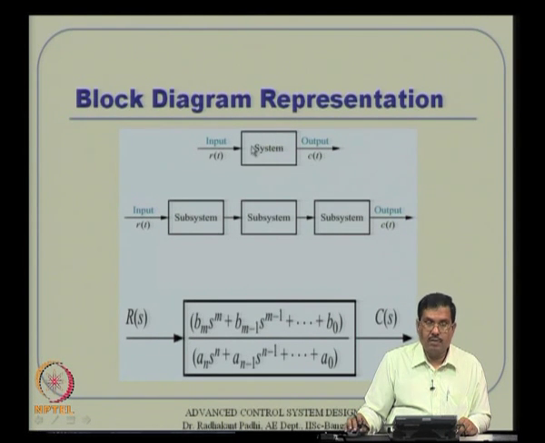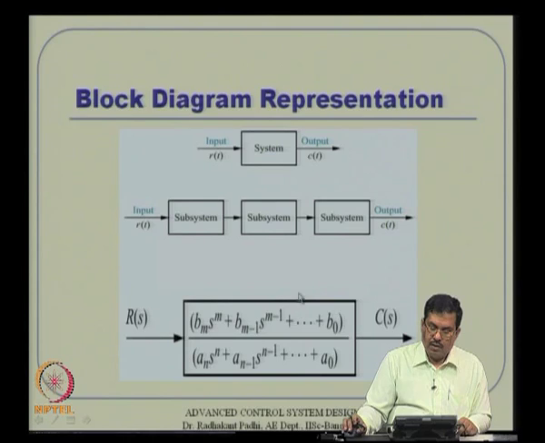What goes on inside the system, we are not too keen on in this kind of analysis, but we are interested in whether it can be represented directly as a relationship between C and R. This C to R is typically represented as a polynomial in the numerator divided by a polynomial in the denominator. We will see that in a second.